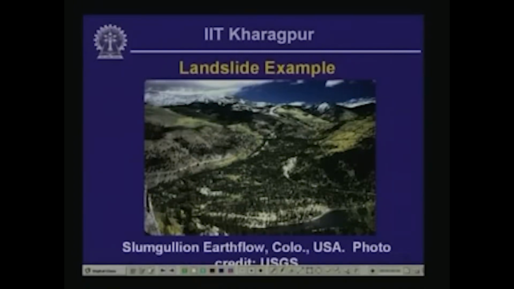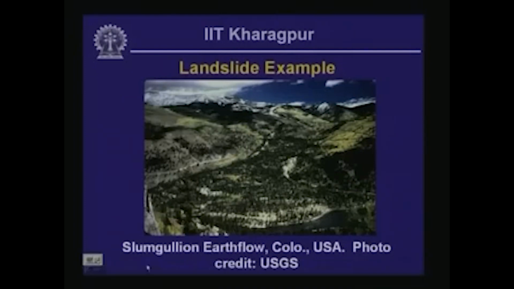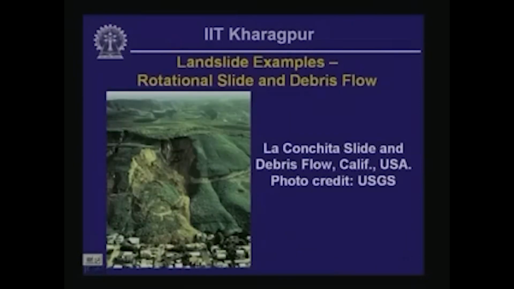Let me show the failure mass here. So this is the failure mass. You can easily infer the fluid-like property of this mass when it failed. This is an example of a landslide involving rotational slide as well as debris flow.